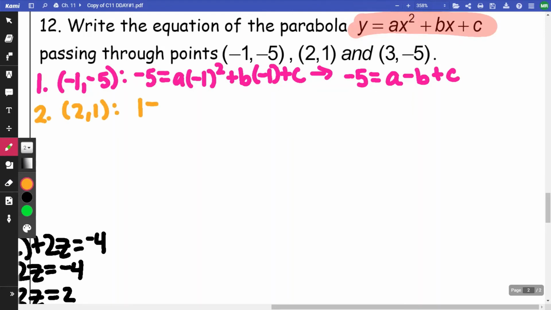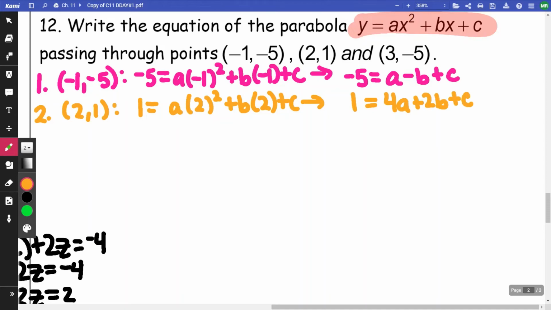Now, equation 2, I'm going to be putting in 2 comma 1. So I'm going to get 1 is equal to a times 2 squared plus b times 2 plus c. And that ends up giving us 1 is equal to 4a plus 2b plus c.